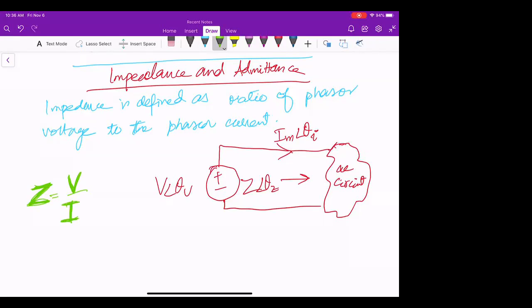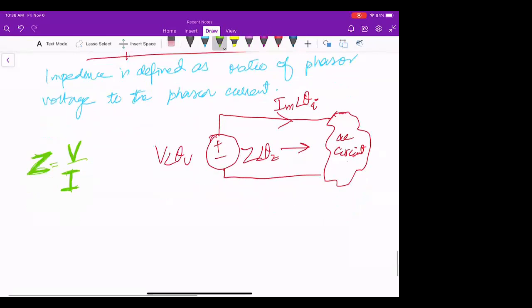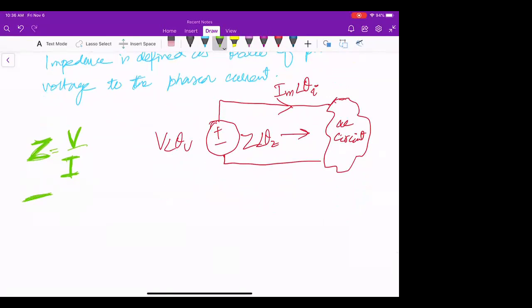And I can write this as Vm over Im, theta V minus theta I. So that will be my impedance.